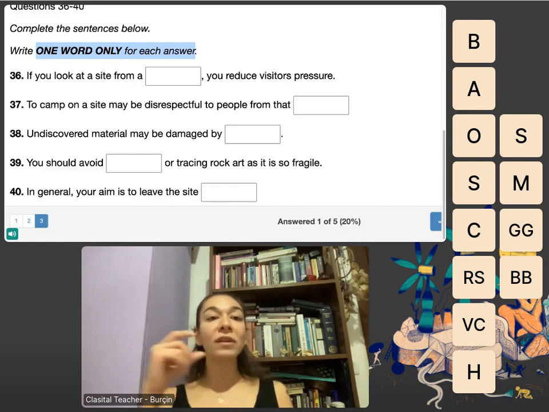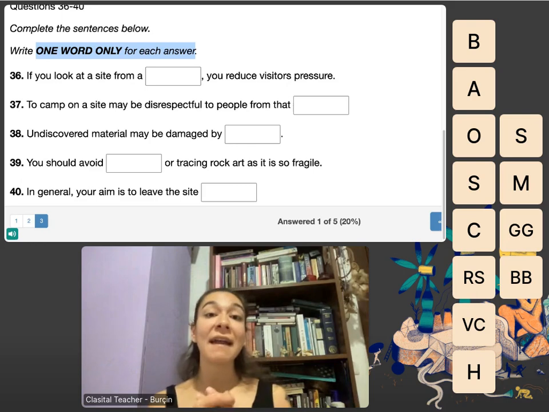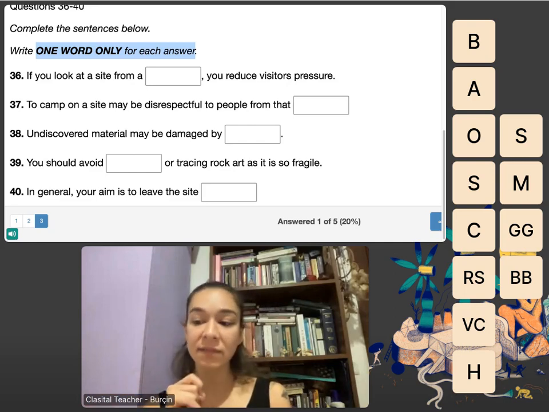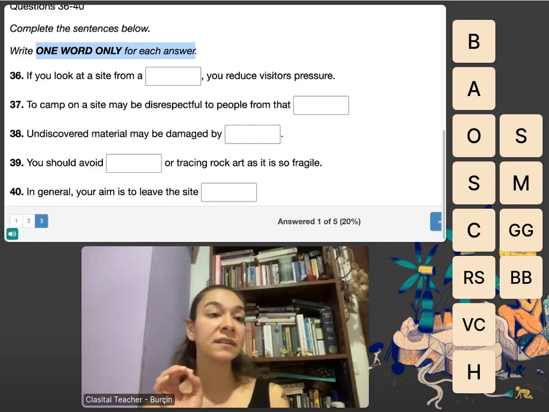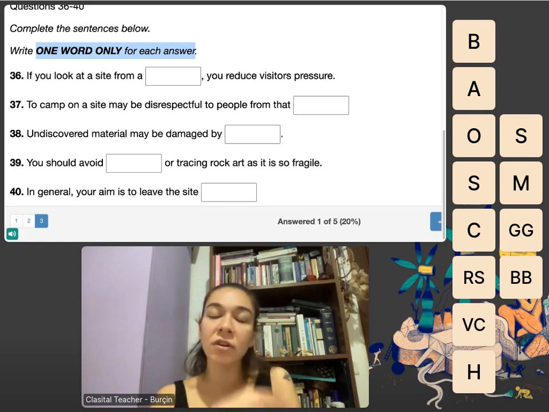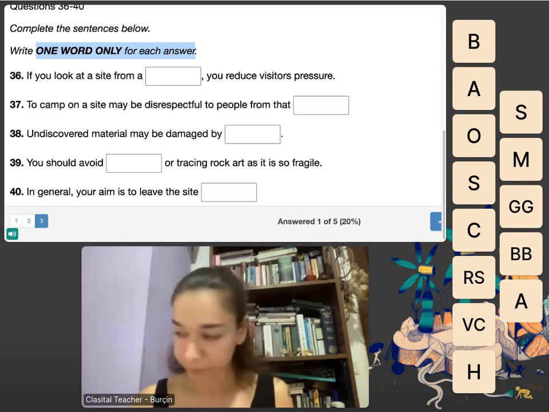You can write only one word, because the audio will be more difficult, so they will ask you to write only one word or a number. In this one, they are not asking for numbers. It only says write one word only for each answer. So we will write one word. They will be words, not numbers or something.